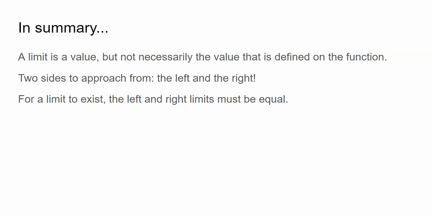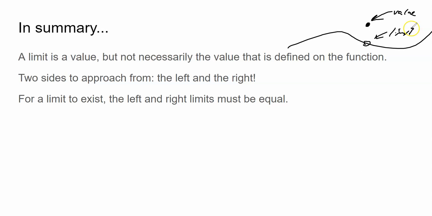I'll show you an example of this real quick. We saw two different graphs, but here's another type of graph you might see. If I draw a nice little curve, and I put a hole right here, and a point up here, here's the value of the function. Here's the limit of the function.